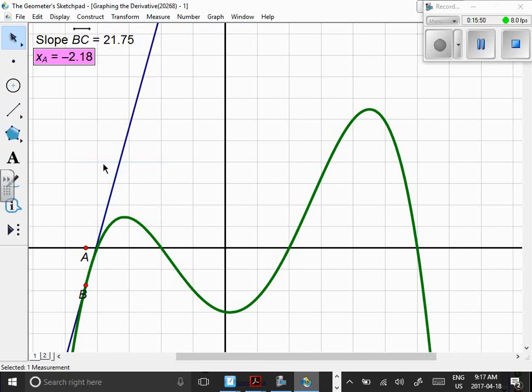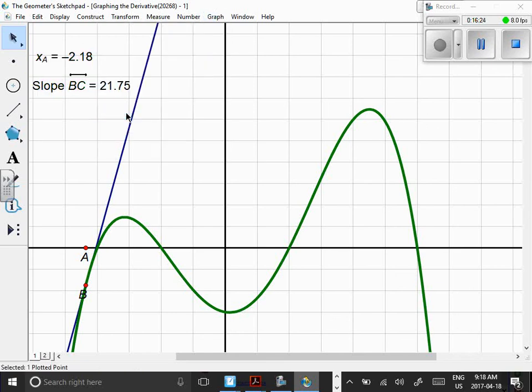The derivative is a function that gives us the slope of the line tangent to the function at any point along the function. So for the derivative, this is the x, and that's the y. Does that make sense? So if I want to graph the derivative, I could graph x, y. So that's what I'm going to do.